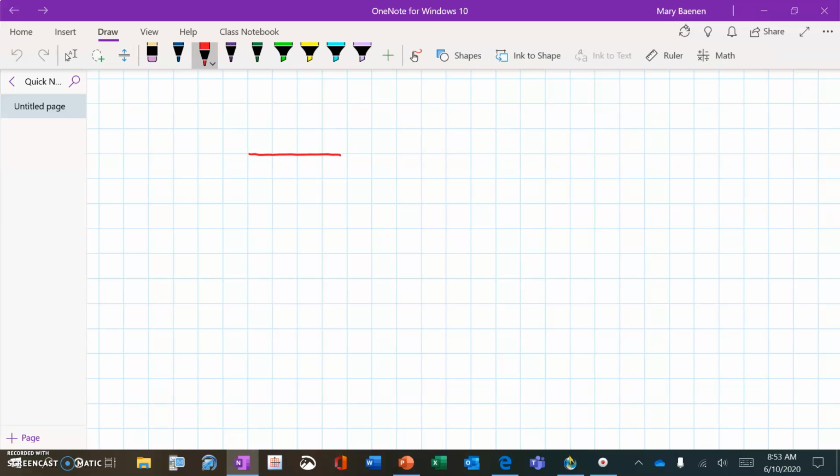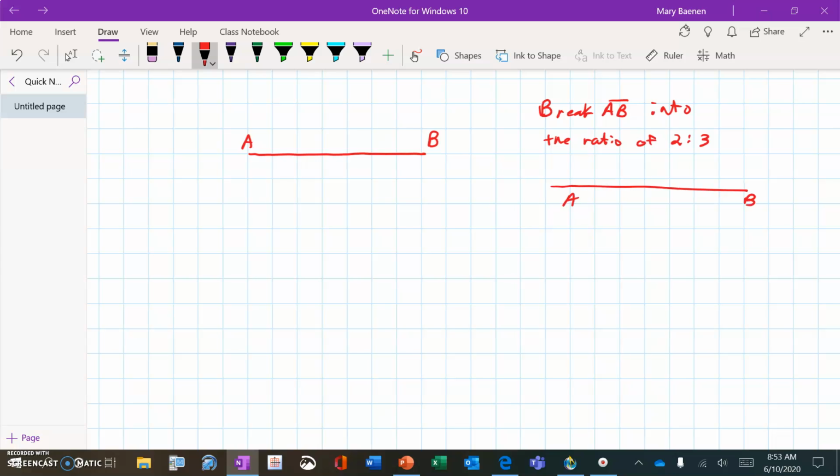I have this segment, and we're going to call it AB. It says, break segment AB into the ratio of 2 to 3. So that means I want this AB, so here's my sketch, to be 2 parts here and 3 parts here.